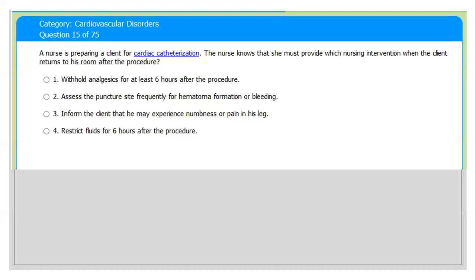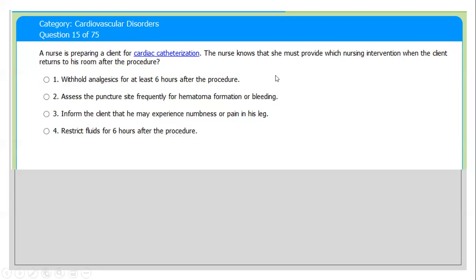So what is my expectation after the cardiac catheterization, and how will I prepare my patient? Very important to know, even what the risk factors of this are.